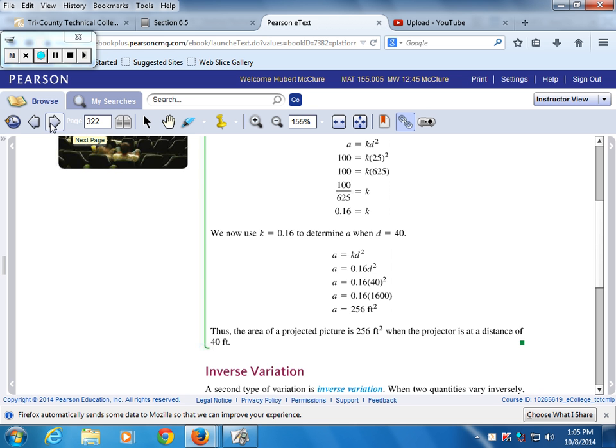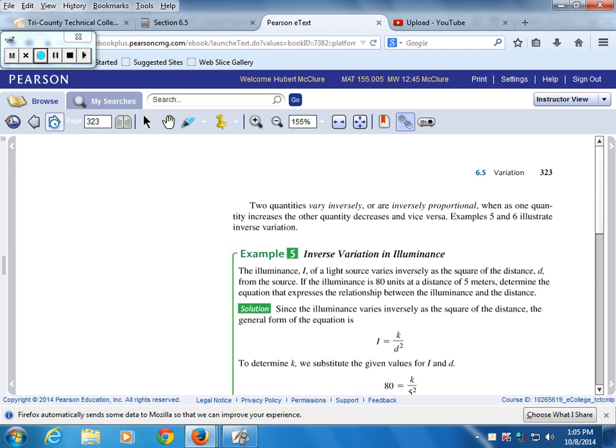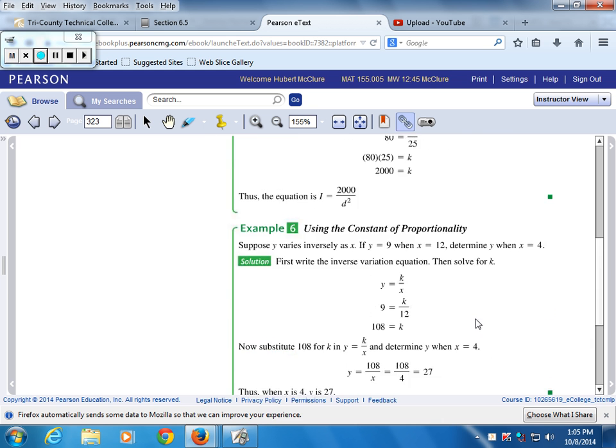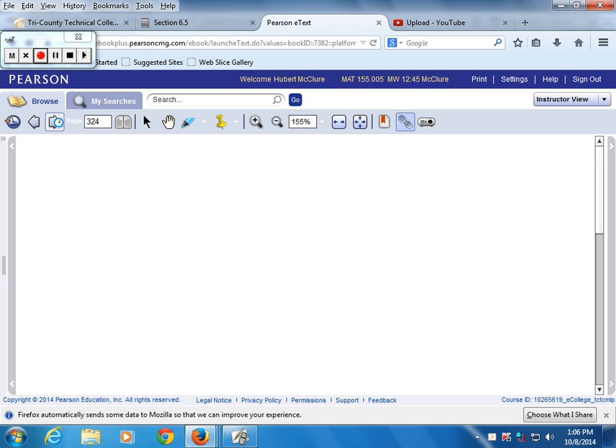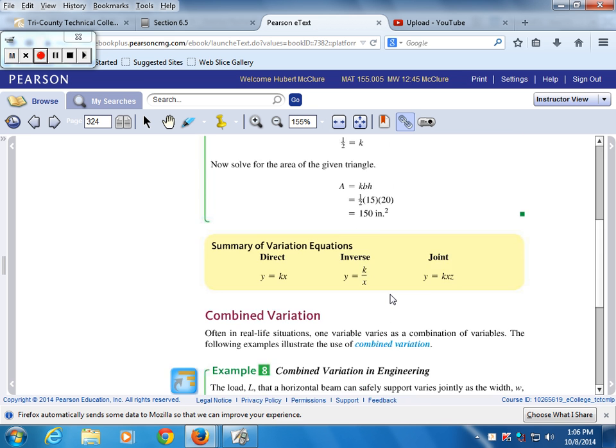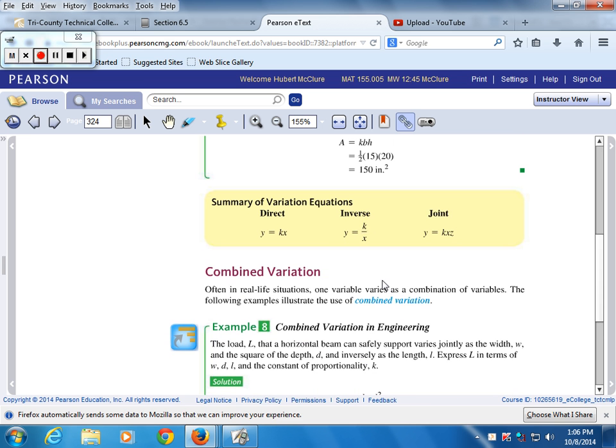Inverse variation is on 322, and joint variation is on 323. Yeah, but there's one page that's got them all on it. There they are. Page 324. Thank you. Whoever said that, you're wrong. Page one. I'm just kidding.